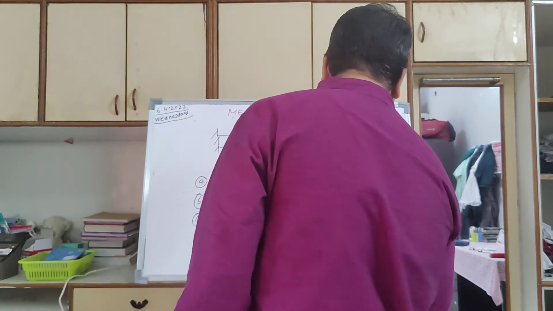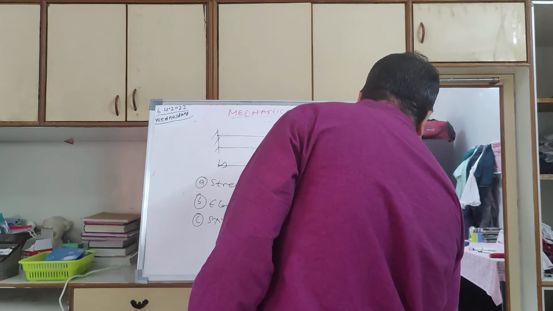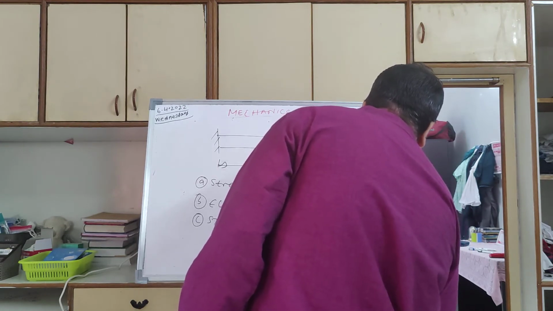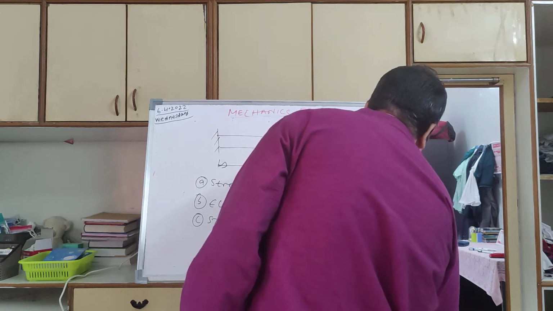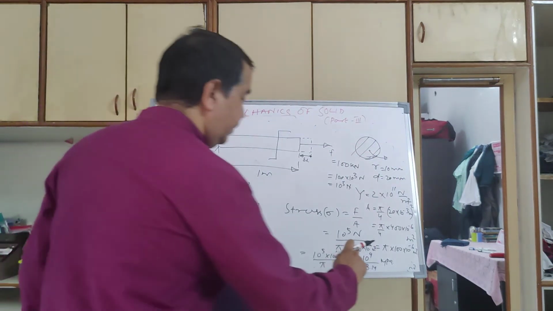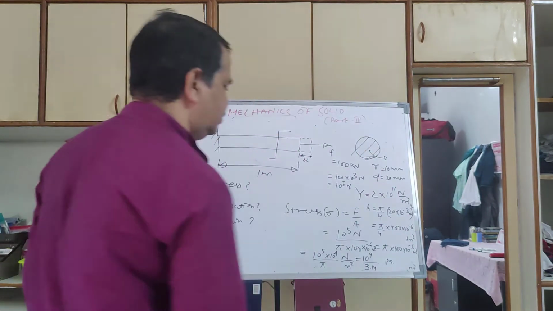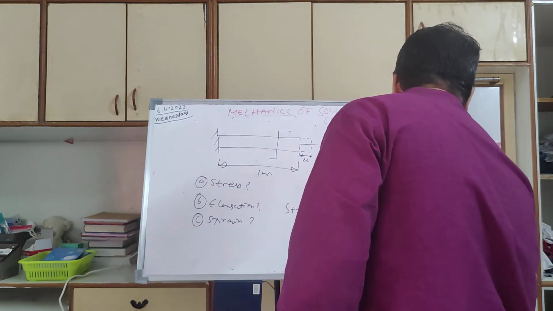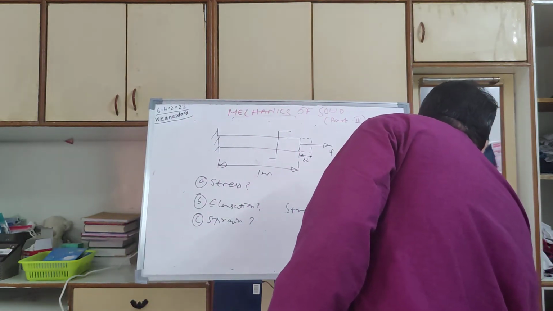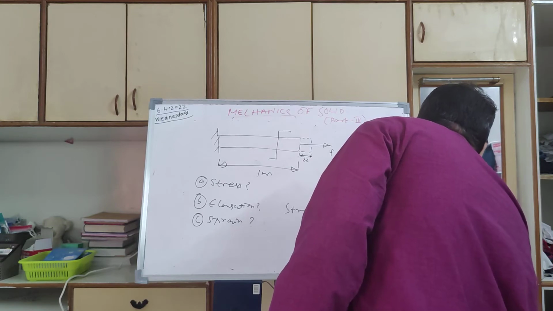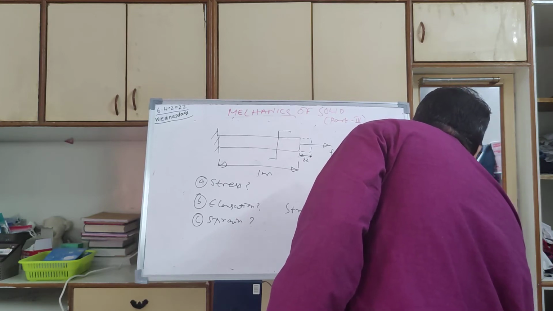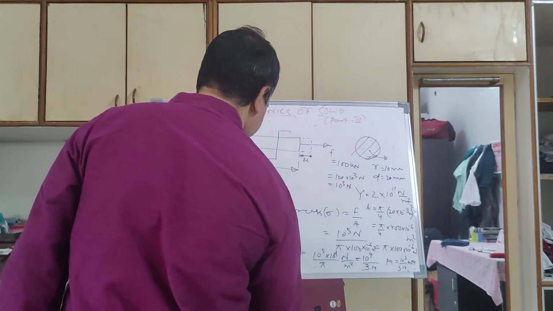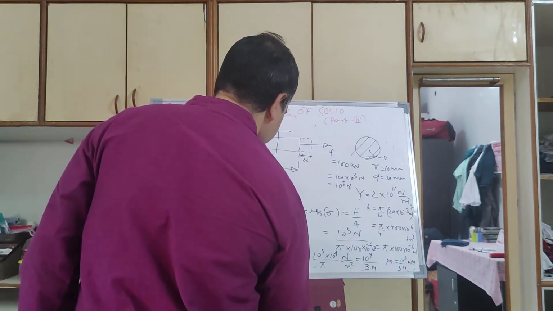Newton per meter square is nothing but Pascal. Or you can write it as 10 to the power 3 megapascal divided by 3.14 megapascal. So your stress sigma becomes 1000 by 3.14 megapascal.